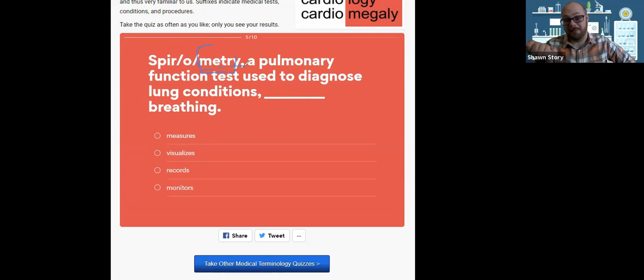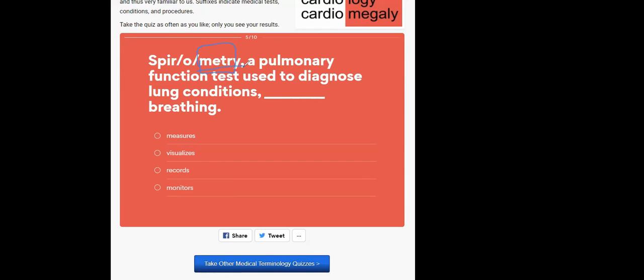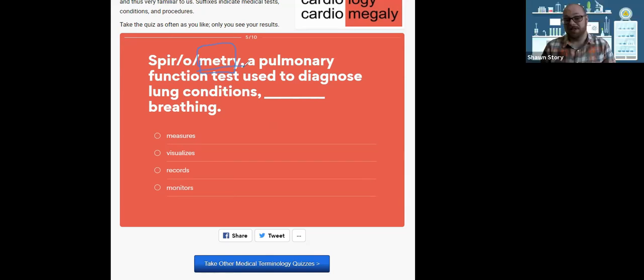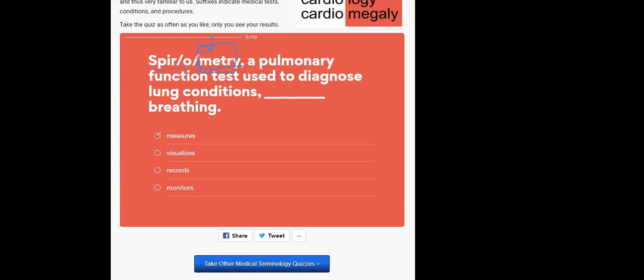Like speedometer, thermometer, we're measuring the heat. Odometer, we're measuring how far we've gone. Chronometer, we're measuring time. Chronos, meter, chronometer, measuring time. So what would we be doing if we had a device that had meter at the end of it? It would be measuring. You're measuring the breathing. Yeah.